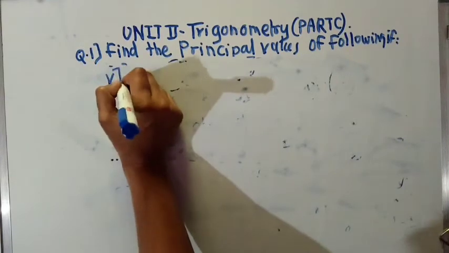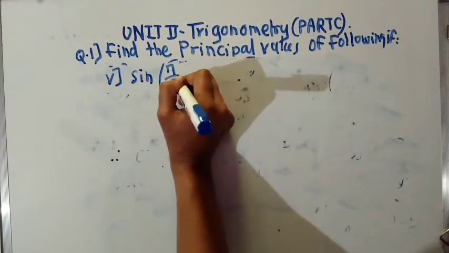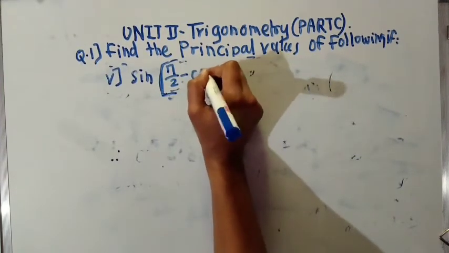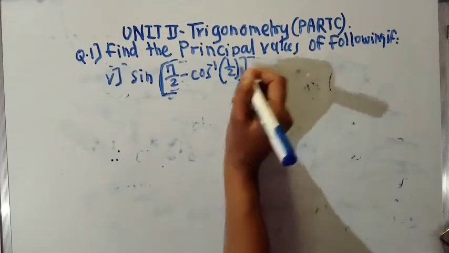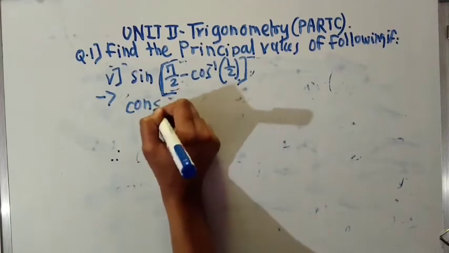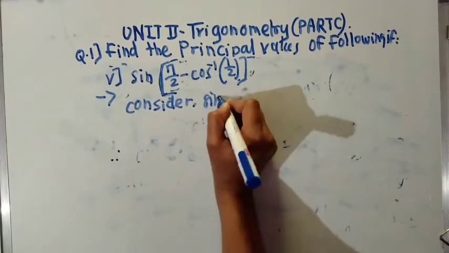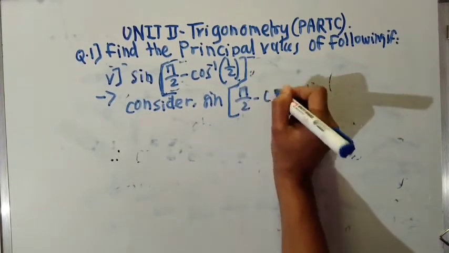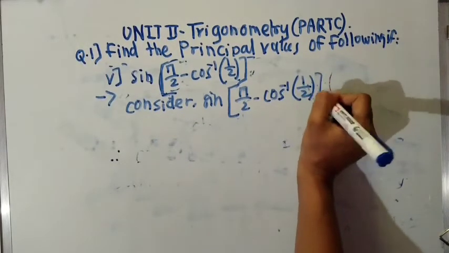Example 5: sine of pi by 2 minus cos inverse of 1 by 2. So, let us consider this sine of pi by 2 minus cos inverse of 1 by 2.